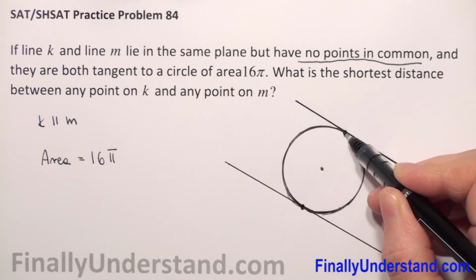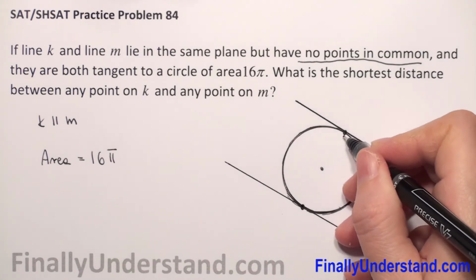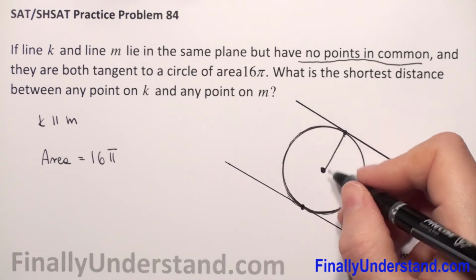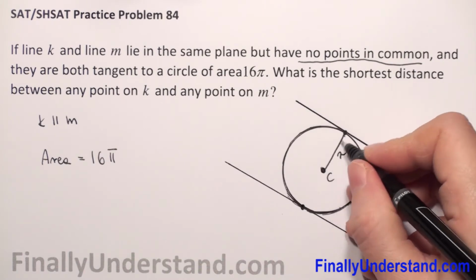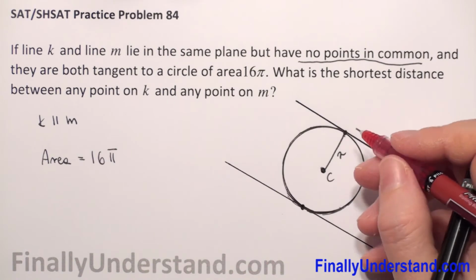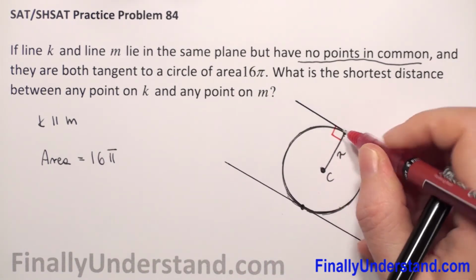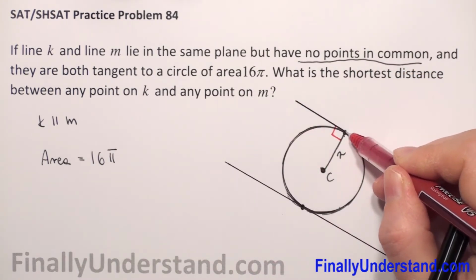This line touches our circle in exactly one point. It means that when we draw the radius of our circle, this is the center of our circle, the radius is always perpendicular to the line which touches our circle in one point.